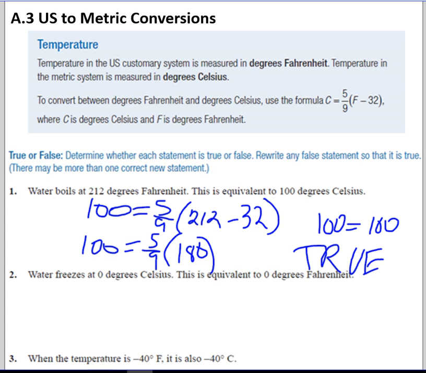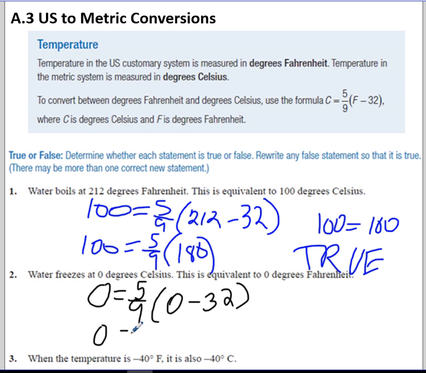Okay, for our next question, it says water freezes at 0 degrees Celsius, and this is equivalent to 0 degrees Fahrenheit. Okay, so we'll plug in our 0 equals 5/9 times 0 minus 32.